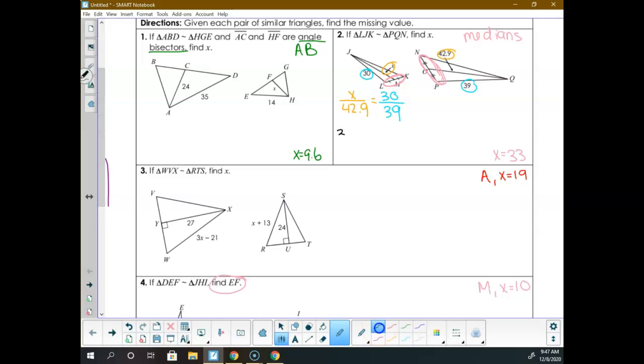So I've got 39x equals 30 times 42.9, which is 1287. 1287 divided by 39 gets me to X equals 33.